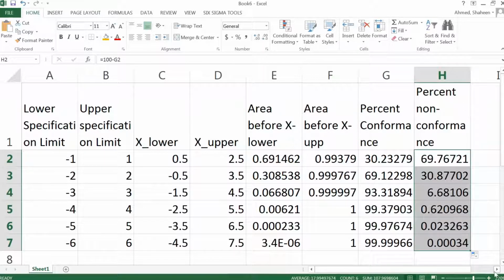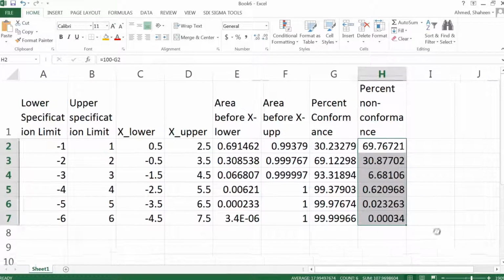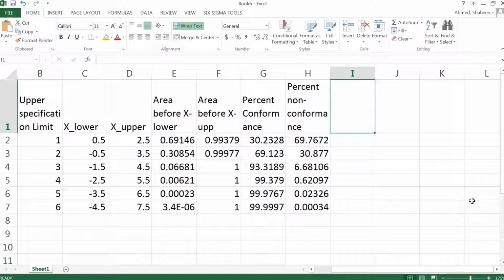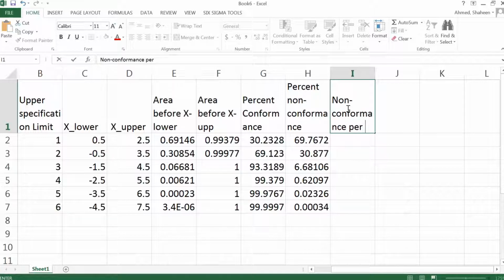So now non-conformance in numbers increases because the machine is not producing as it's supposed to. Now, because these numbers are too low, typically it is presented in per million. So non-conformance per million, it's called ppm.